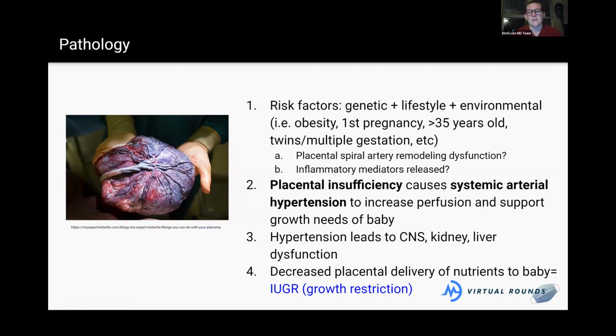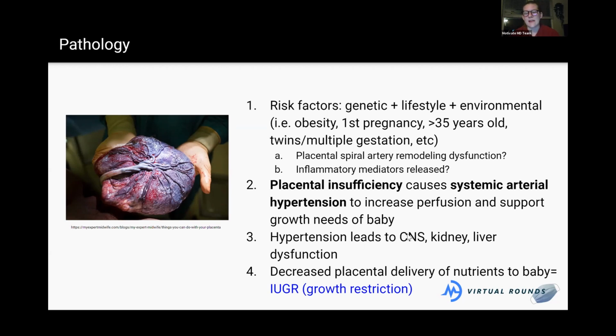And therefore, the mother's response is going to be to increase her blood pressure and her systemic arterial resistance to try and better perfuse the placenta. So the whole point of it is to try to get as much blood from the mom's body to the placenta as possible, but it's going to increase the blood pressure everywhere in her body, including the kidneys and the liver and the feet and things like that, and the brain as well.